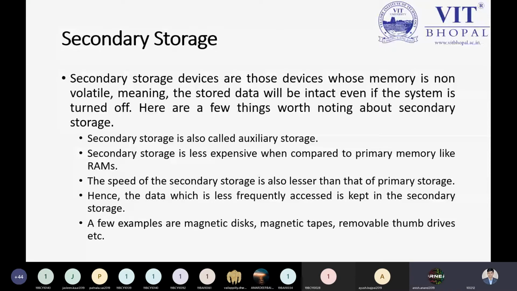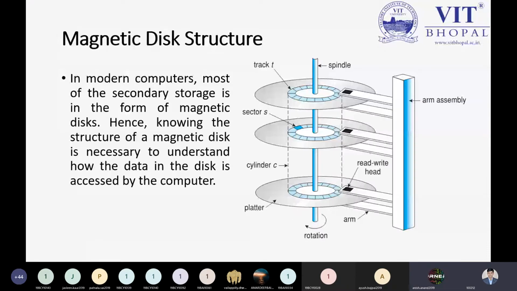Yes, sir. Okay. So now I'm focusing on the structure of the magnetic disk. Why magnetic disk? Because it is a disk coated with a magnetic layer, and the information is stored in the form of the magnetic layer.